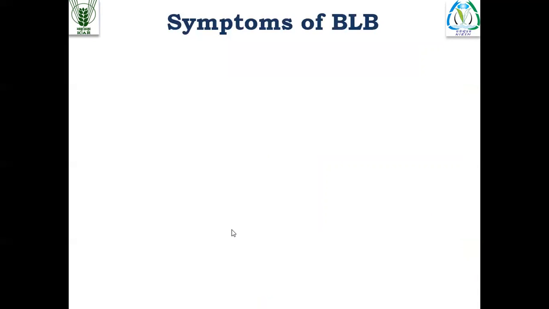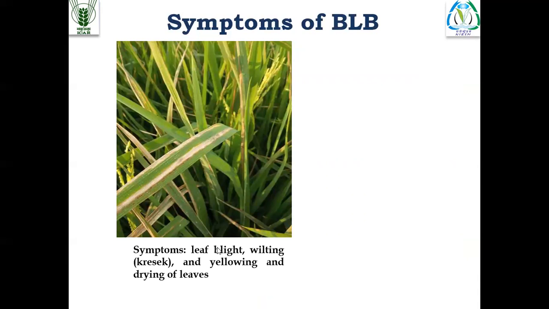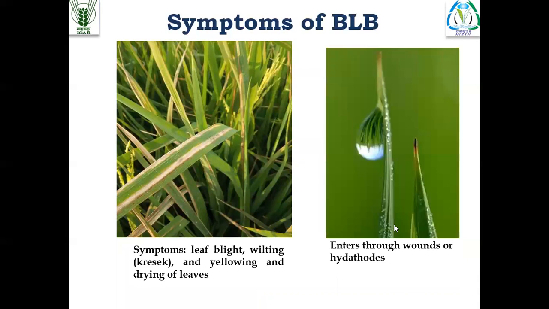Symptoms of bacterial leaf blight disease include leaf blight, wilting, yellowing and drying of leaves. The organism enters through wounds and hydathodes and moves to xylem vessels, multiplies, and results in blight of leaves.